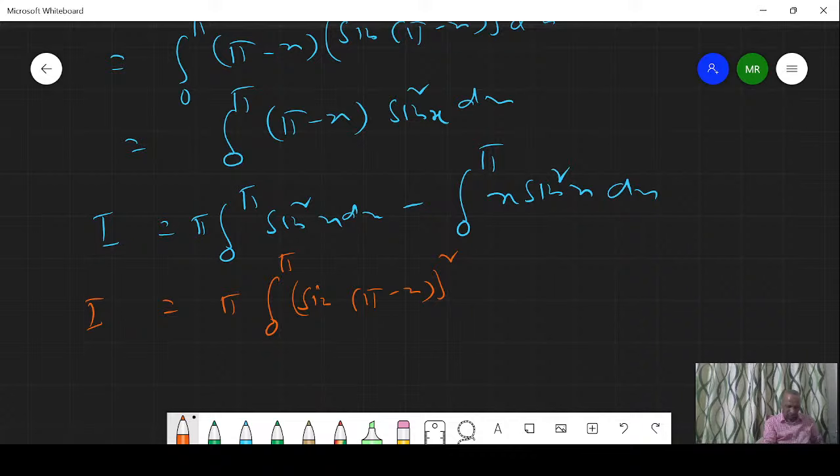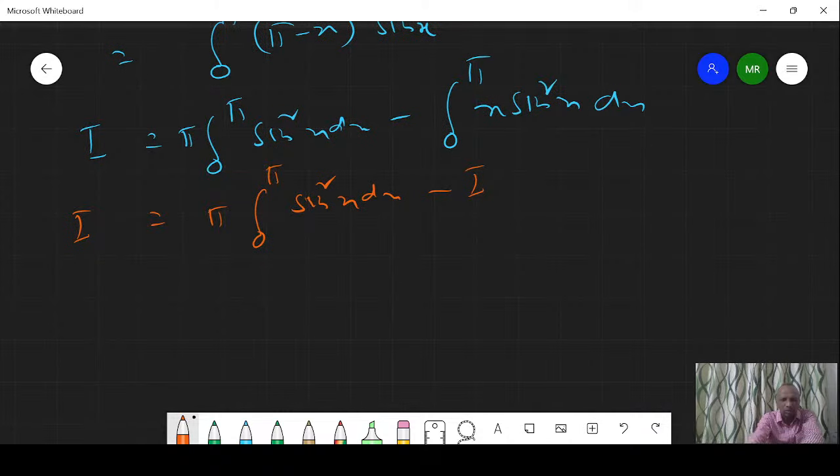You will get the same function. That means I will write sin square x dx, and transfer minus I to this side: 2I is equal to pi into 0 to pi sin square x dx.